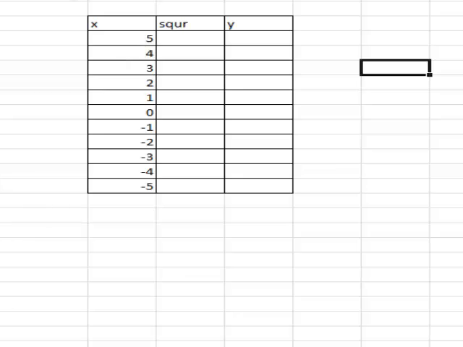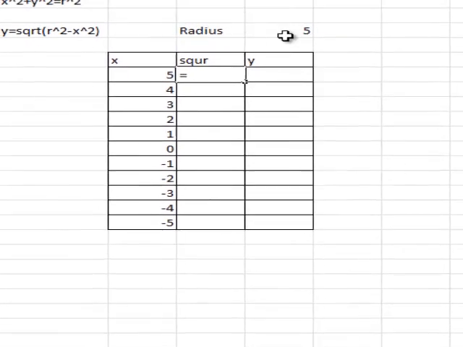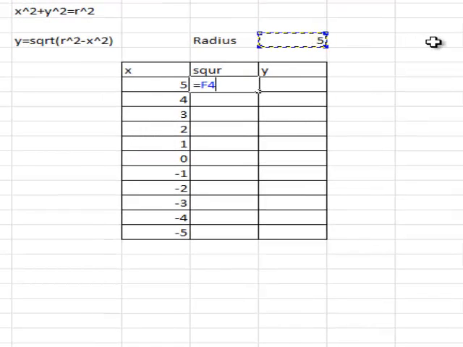So what's our formula? Look back here. How do you start a formula, everyone? That's right. You start with an equal sign. So we're saying the radius to the power of 2. Power, that's shift 6. Power of 2.